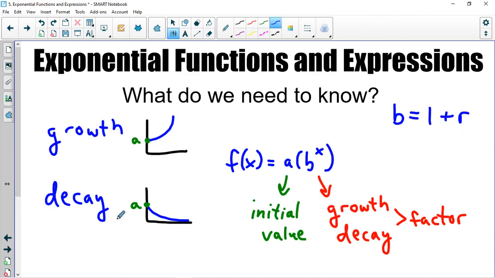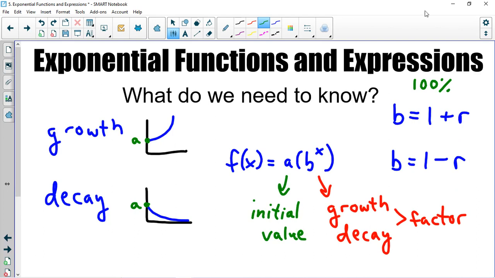And if it's exponential decay, it's going to be b equals 1 minus r, where r is the rate of decrease. The reason both of these equations start with a 1 is because that 1 represents 100% of our initial value. And then if it's exponential growth, we add on whatever the rate of increase is. And if it's exponential decay, we subtract whatever the rate of decrease is.